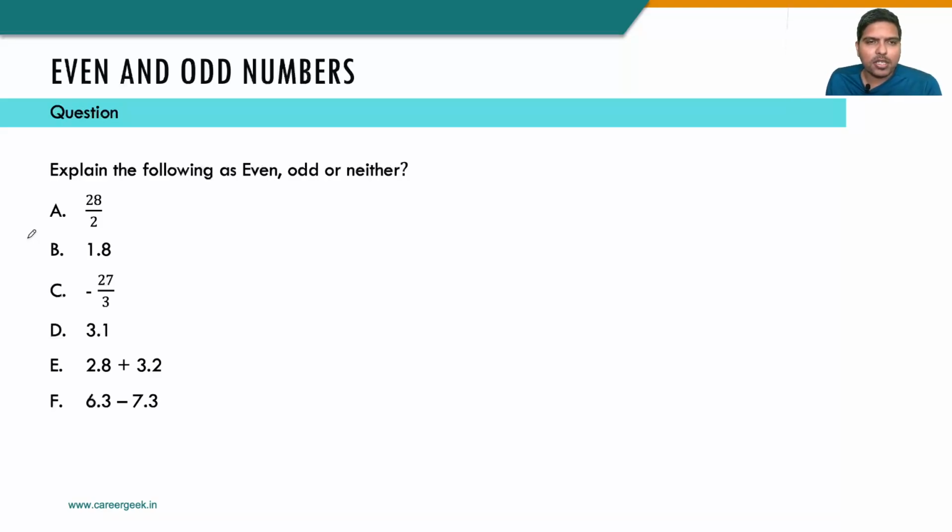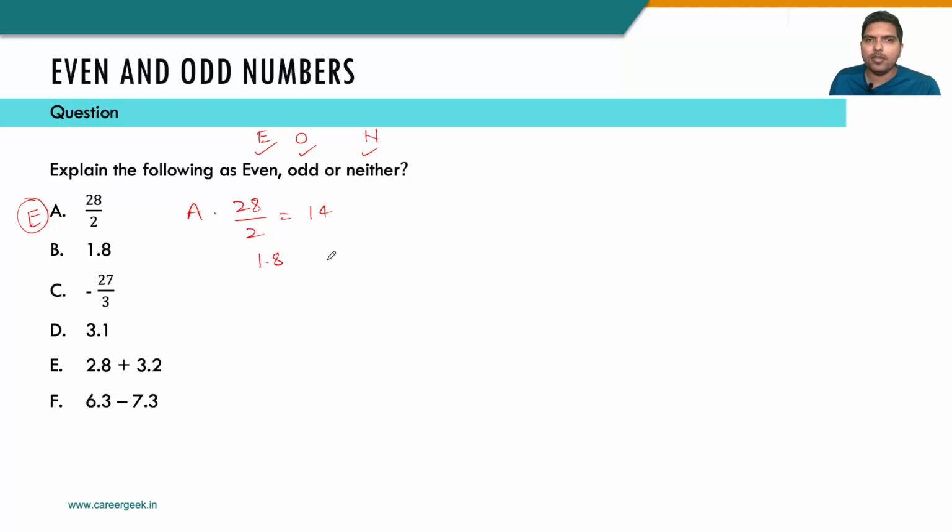Explain the following as even, odd, or neither. So you just mark them as even, odd, or neither, right? So A is 28 divided by 2. So this is 14. So yes, this is even. B is 1.8. Now this is very important.